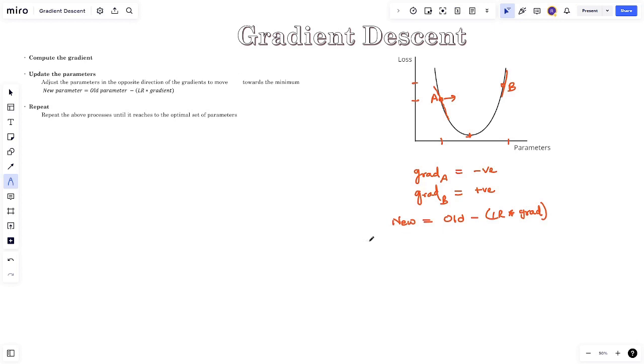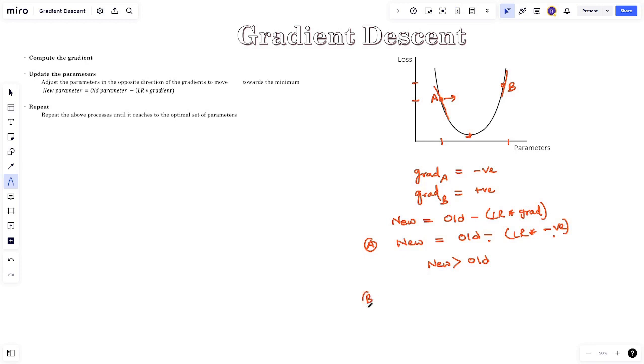Now for point A, the new parameters are going to be equal to old minus learning rate times something negative. So negative and negative means the value of the parameters will increase, because a negative of a negative simply means addition. So in this case, the new set of parameters will be greater than the old set of parameters.